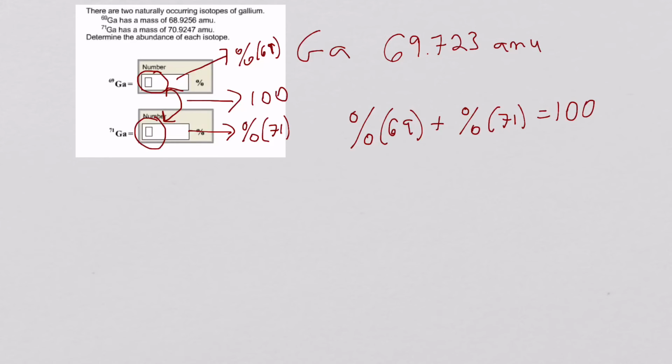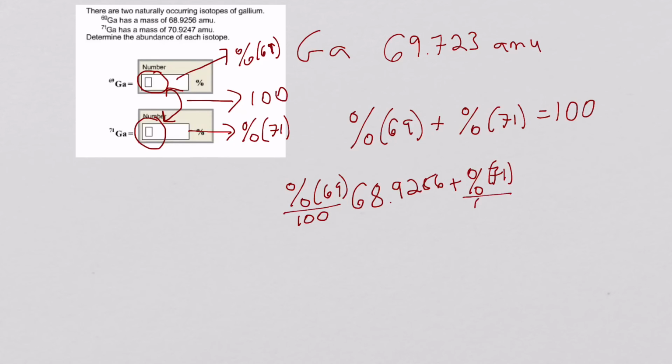I also know that the percentage of 69, if I were to divide that by 100 to get it in terms of a fraction, and multiply that by the actual mass of gallium-69, which this question tells me is 68.9256, and if I were to add this to the same sort of relationship but for the other isotope, so the percentage of the 71 divided by 100 multiplied by the mass of 71, so 70.9247.